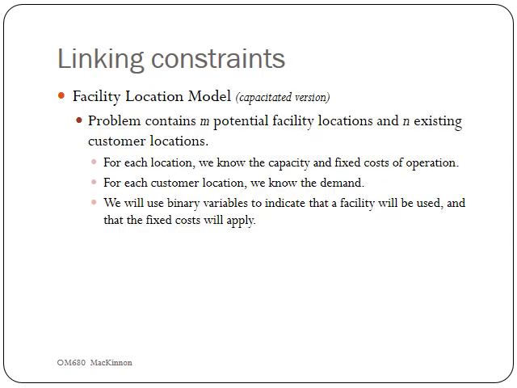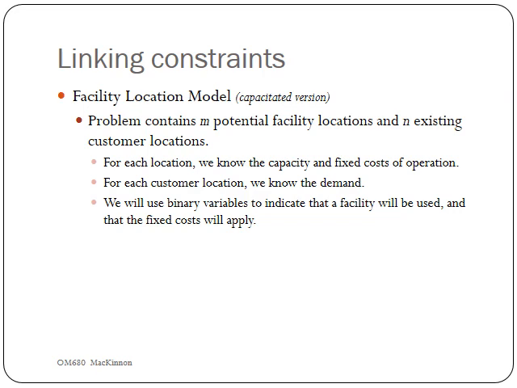So let's take a look at the facility location model. We call it the capacitated version. In other words, the facilities will have capacity constraints, and that's the normal type of model that we've been looking at. Okay, so the problem contains M potential facility locations and N existing customer locations, just like always.